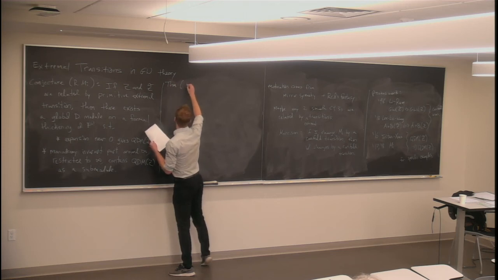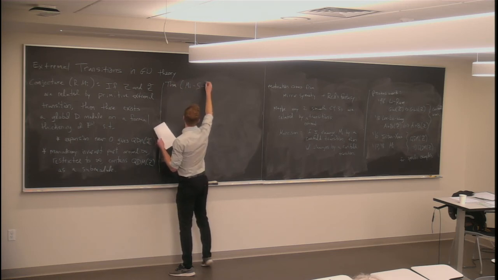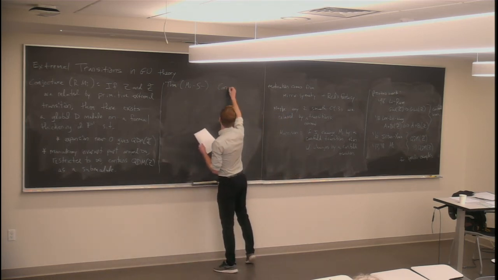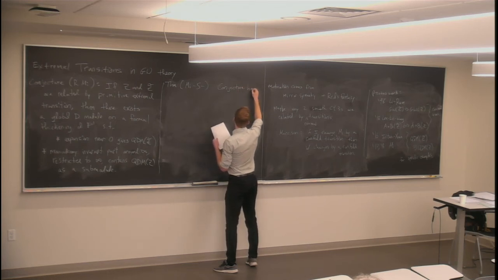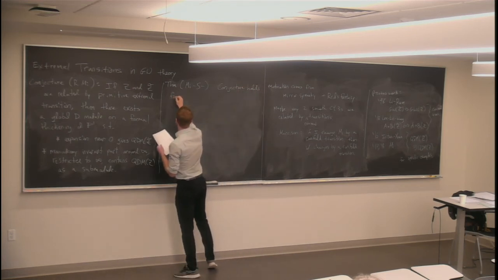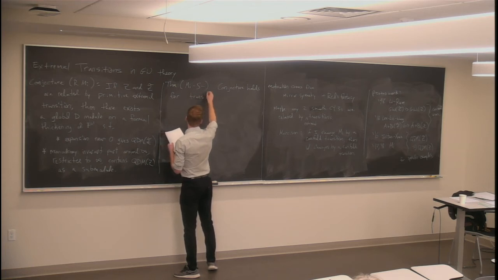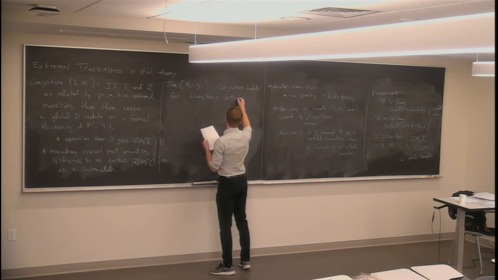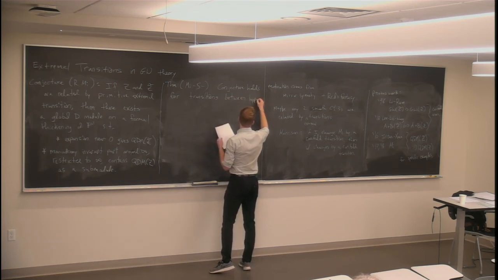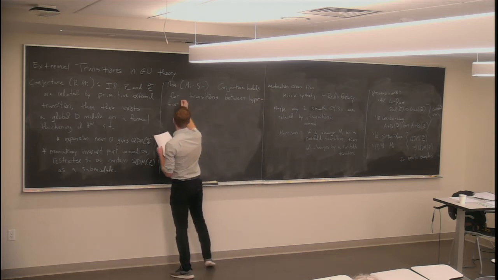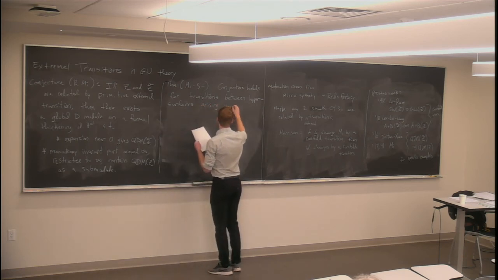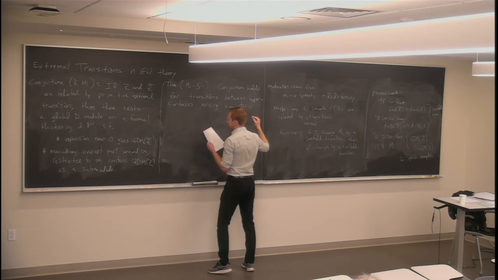So the theorem by Rongxiao and myself is that the conjecture holds for a certain class of transitions. So transitions between hypersurfaces in toric varieties where the transition arises via a blow-up of the ambient toric variety.